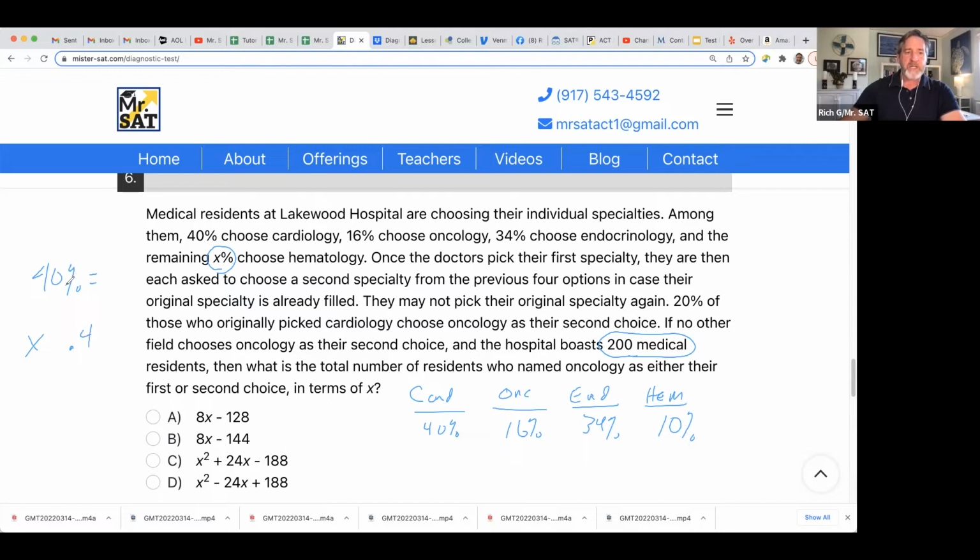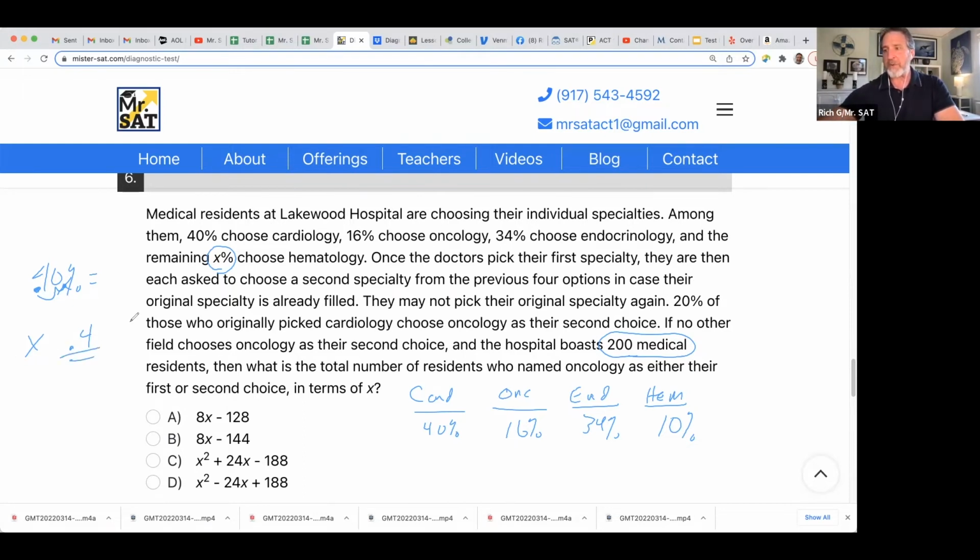How do I know? I take the decimal that's really there and I move it over twice. I get rid of my first decimal, and that's the decimal that I multiply by. So taking 40% of 200 is the same as multiplying 200 by 0.4.